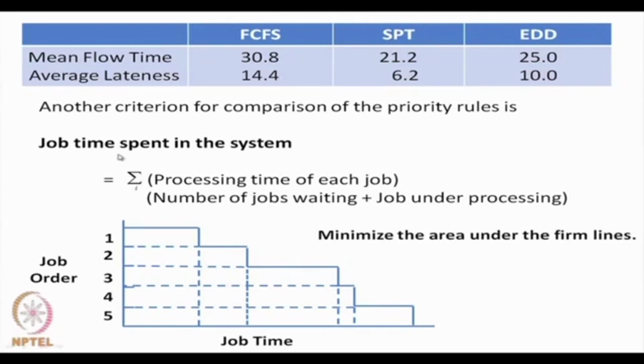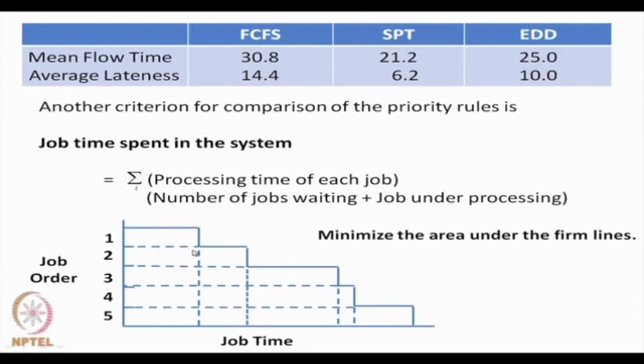That is the criterion: minimize the area under the flow lines. This is the flow line. It is expressed as the summation of the processing time of each job multiplied by the number of jobs waiting plus the job under processing.